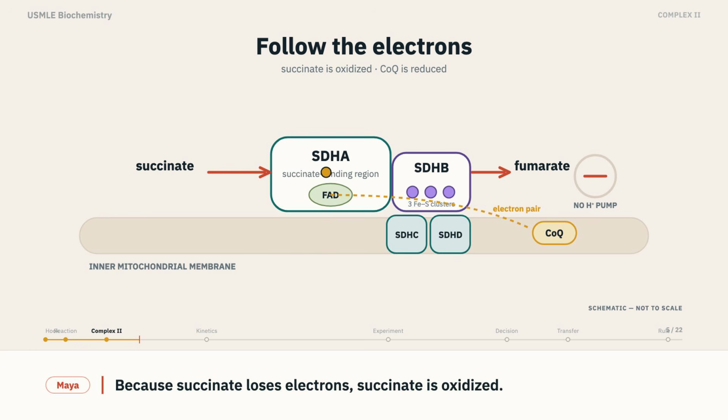Because succinate loses electrons, succinate is oxidized. FAD gains those electrons, so FAD is reduced. The reduced FAD does not leave SDHA and float to another respiratory complex. It is a bound cofactor inside this machine.